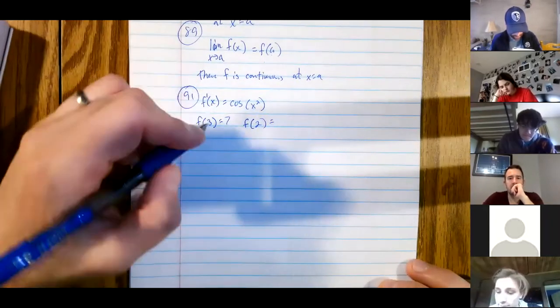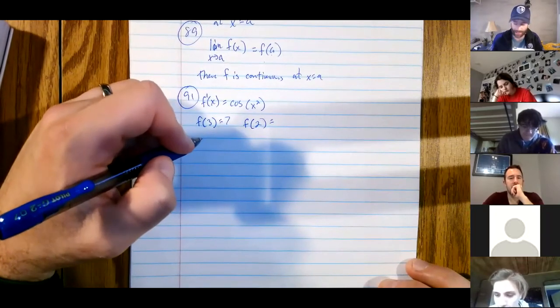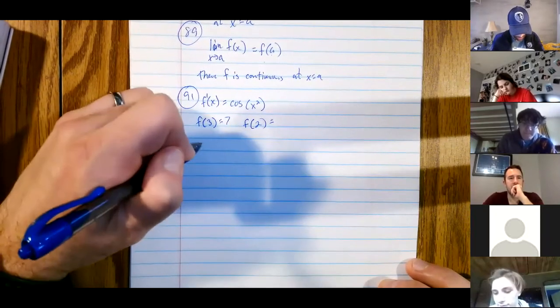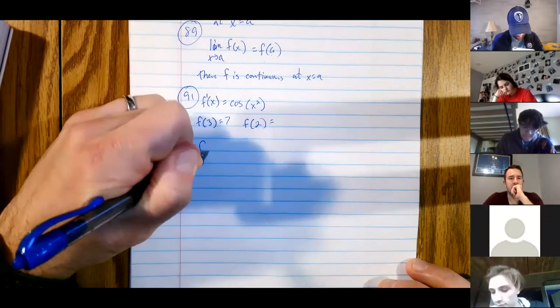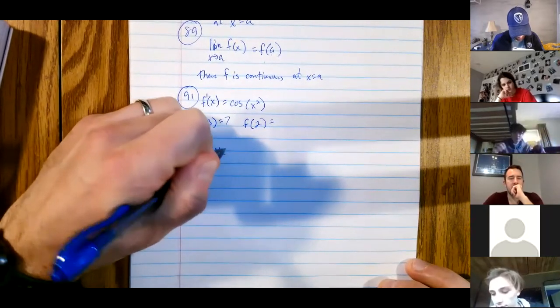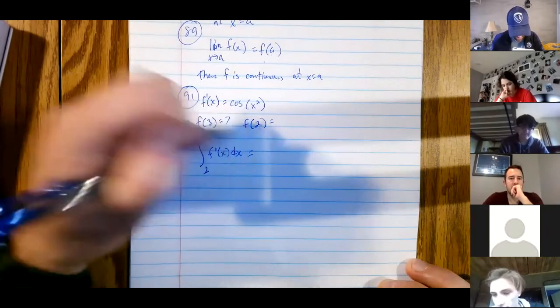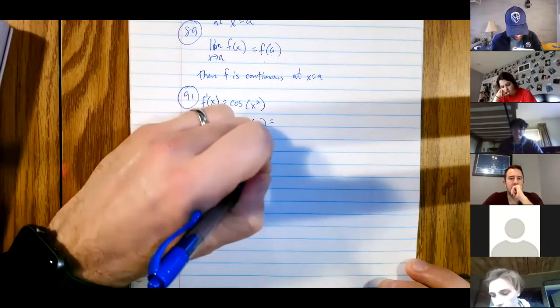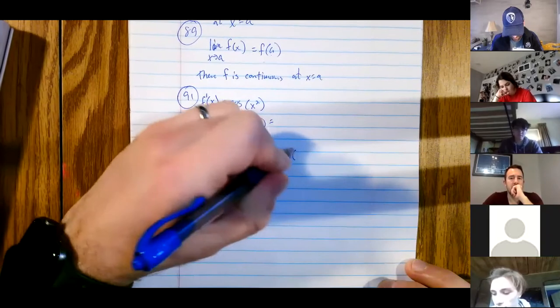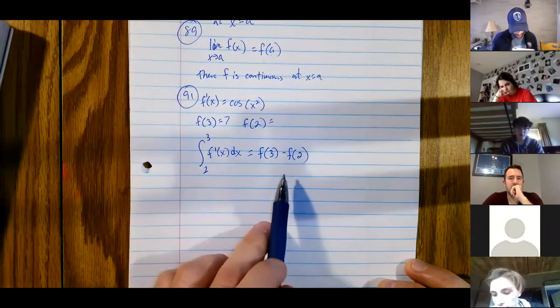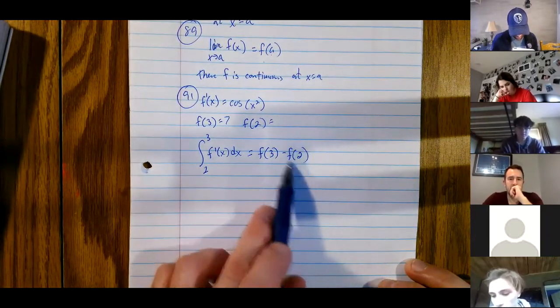So basically this is like a section 9.2 question, where we're going to integrate f prime of x from 2 to 3, because that is going to equal f of 3 minus f of 2.